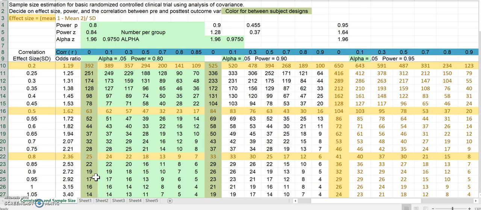So we also consider the situation where we have analysis of covariance, which is used to reduce the variability between subjects. And in that case, we're going to add the factor of correlation between groups. This can also be used to help us with paired t-tests as well. So there are four components that we're worried about. One is effect size.